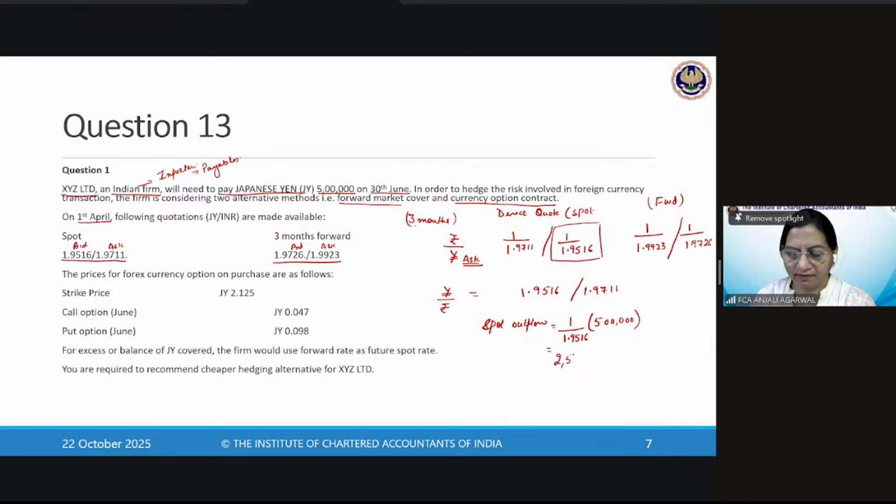So 2,56,200, I've rounded off, rupees is the outflow if the payment had been made right away. But we are not making the payment right away.